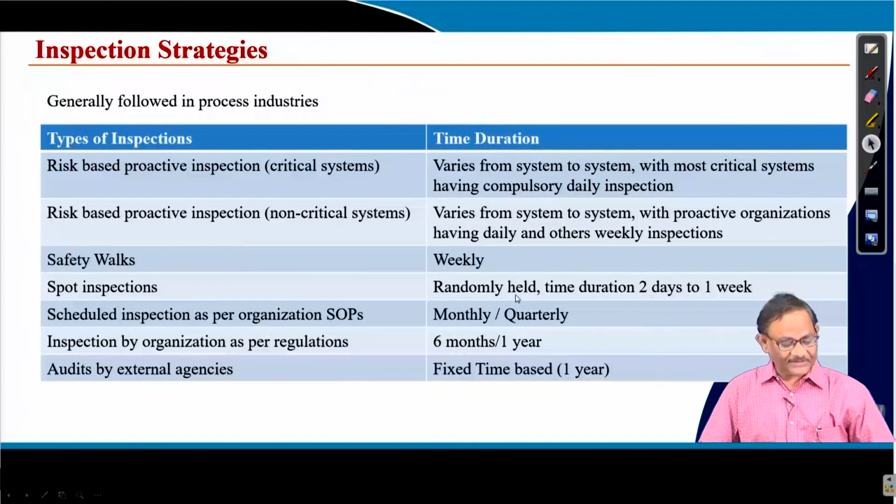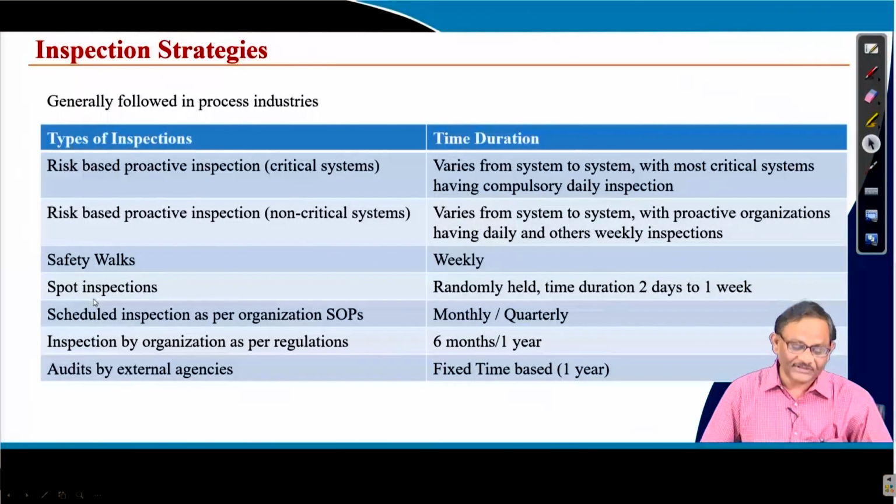Spot inspections are randomly held, with a time duration of 2 days to 1 week, and scheduled inspection as per organization is monthly or quarterly. Inspection by organization as per regulation is 6 months or 1 year, and audit is fixed time based, maybe 1 year.